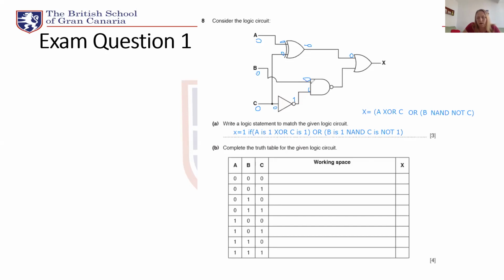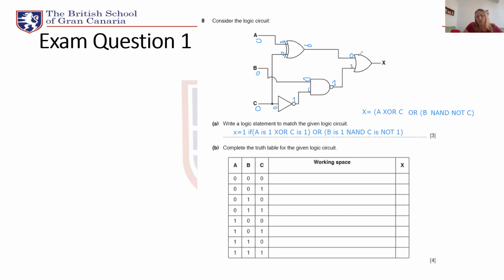So now at our NAND gate you've got a 0 and a 1. For the NAND gate, a 0 and a 1 will make a 1, so that's a 1 there, going into the OR gate.